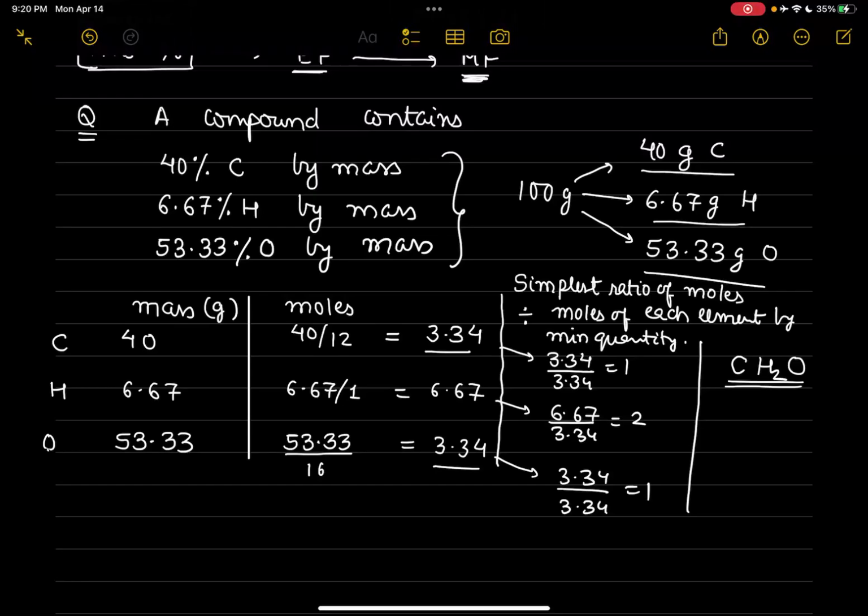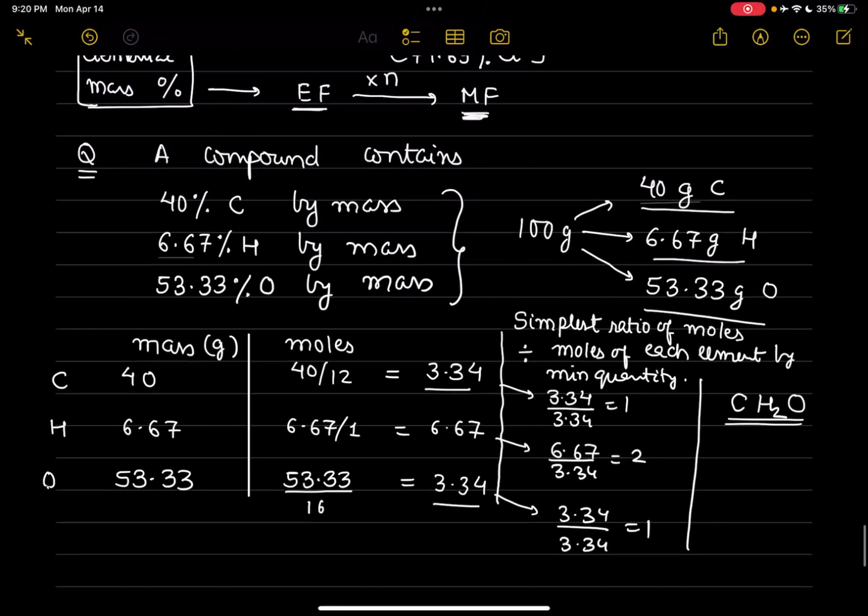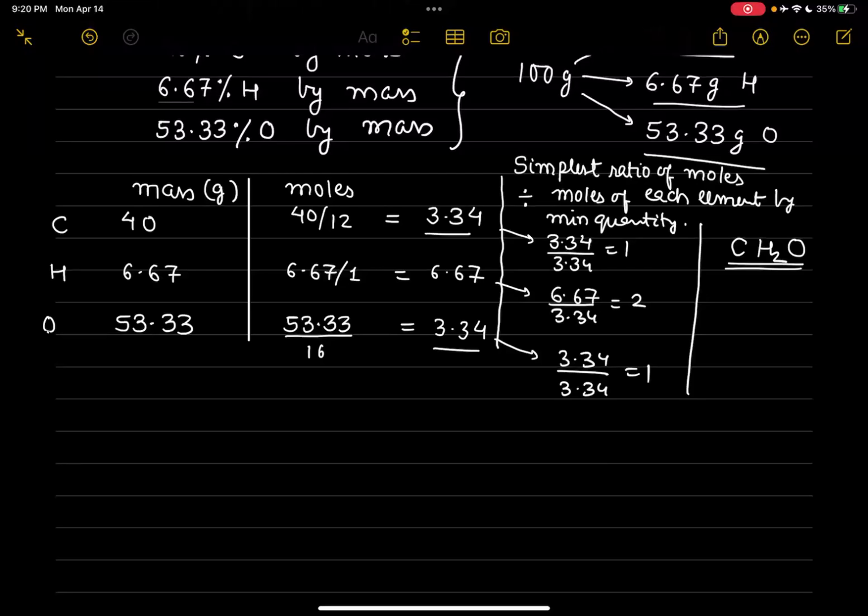With that, you get the simplest ratio. If you are not getting whole numbers, multiply with 2 or 3 to get them as whole numbers. Clear?